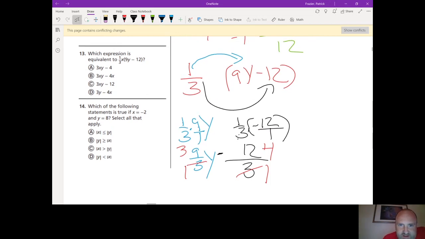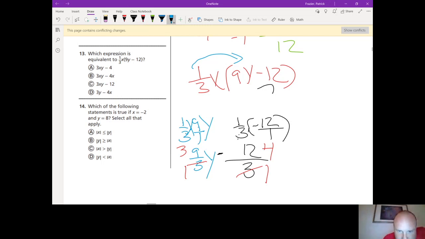Oh, sorry, we had the 1/3 x. So everything I did here would be right, except we have this x in here.